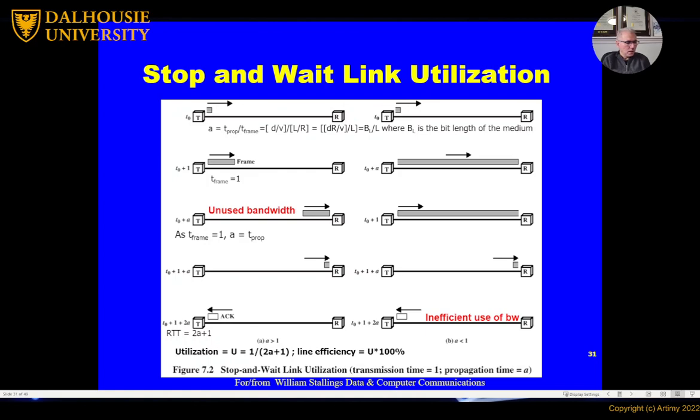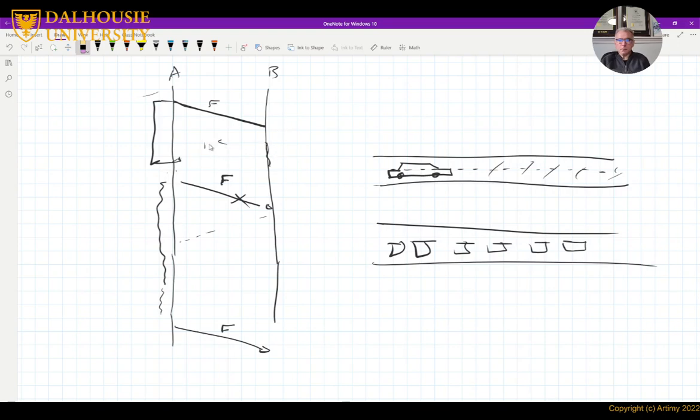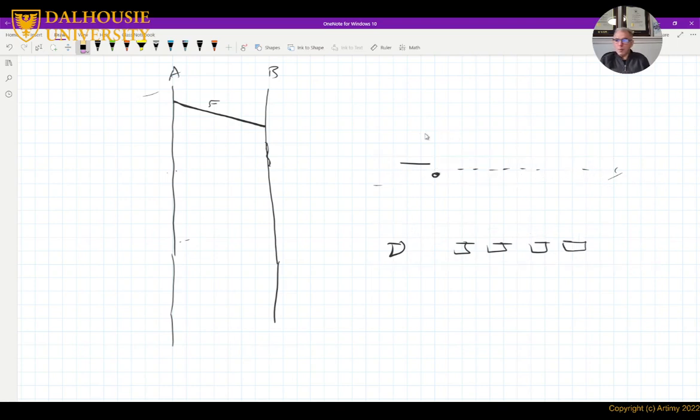It's actually easy to understand, and I already explained it. So let me erase this and explain it one more time. It will be useful for you to understand how the utilization is calculated, because you may need it to solve some problems.